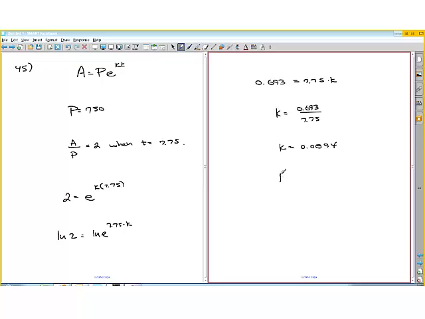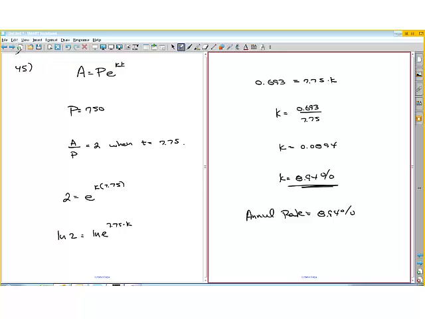That's the decimal equivalent. In terms of percentage, you multiply by 100, so you get 8.94%. So the annual rate is 8.94%.